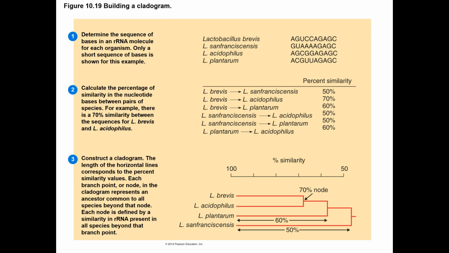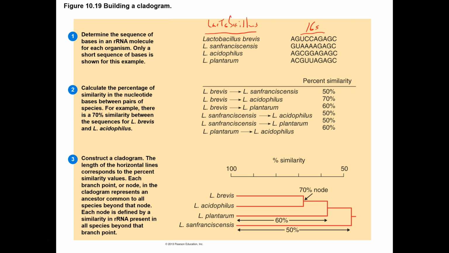So see, what we have here is a portion of 16S rRNA sequences with 4 different Lactobacillus species. And we want to see, of these 4, who's the most closely related, who's the most distantly related.